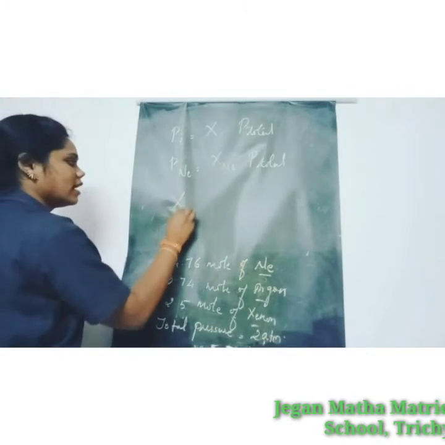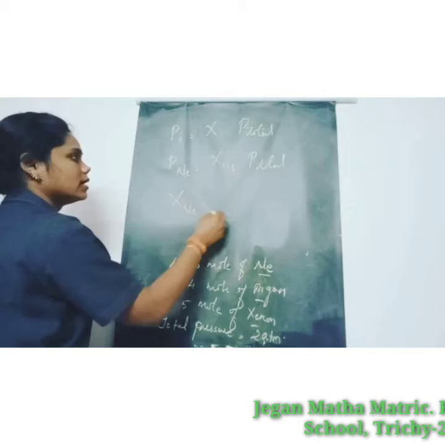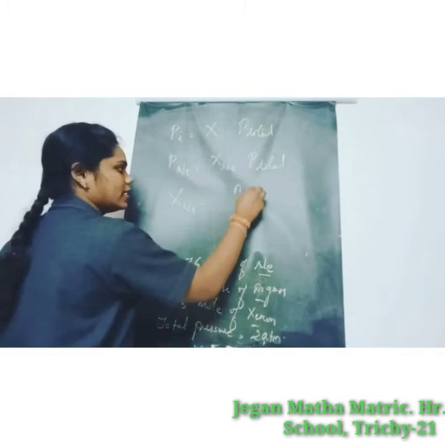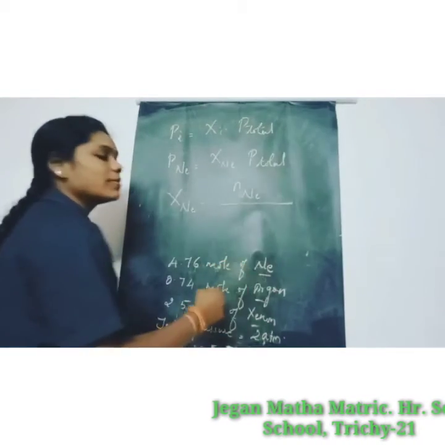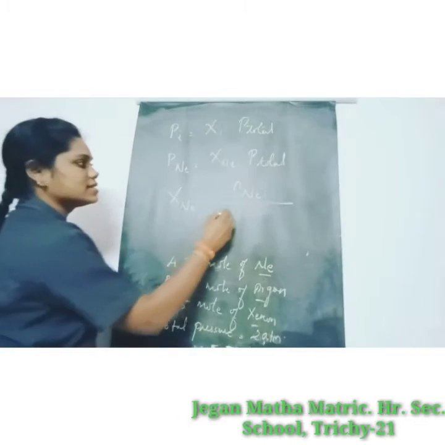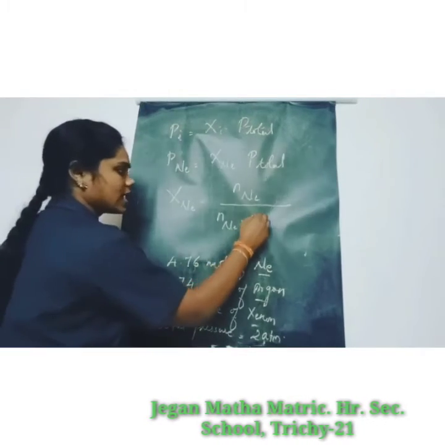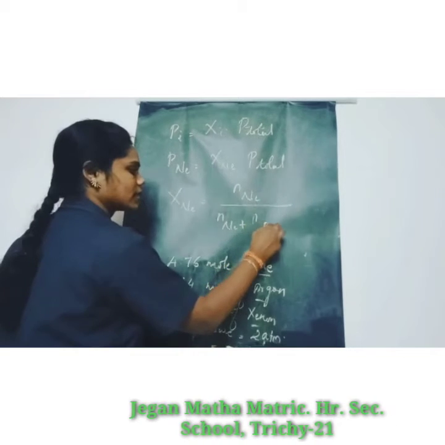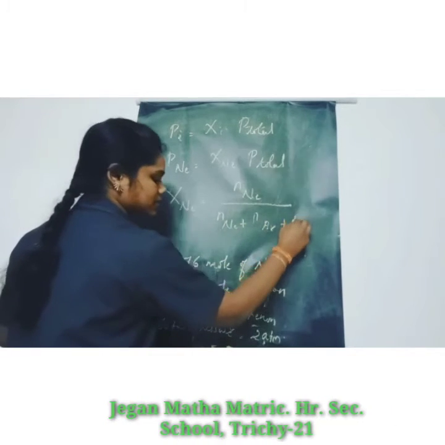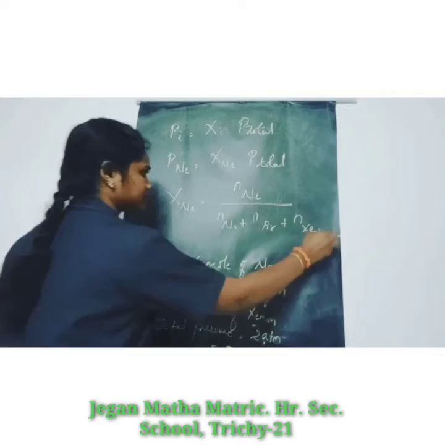So X neon is equal to N neon divided by the sum of all the gases. The first gas is N neon plus the second gas N argon and then the third gas N xenon.